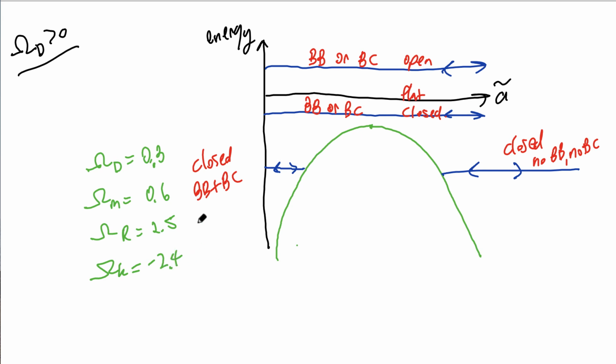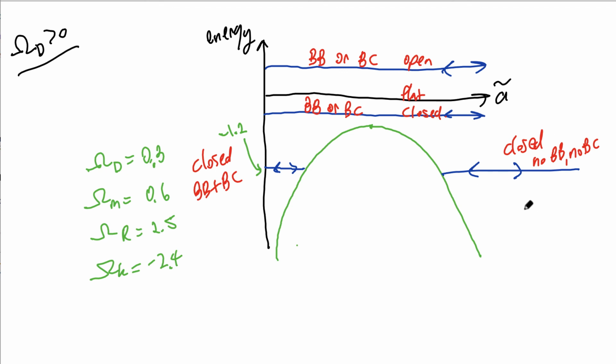So if you plot the effective potential using these parameters, you'll find a curve that looks like this. And the energy of the effective particle, remember, is 1/2 omega k, so it's minus 1.2. And the horizontal line representing the energy of the particle occurs down here below the peak of the potential. So this value of energy right here is minus 1.2.